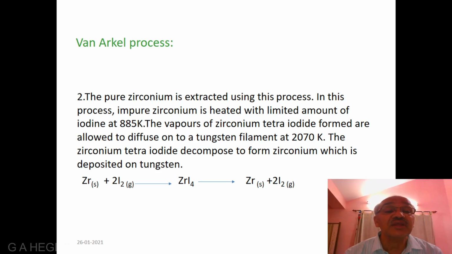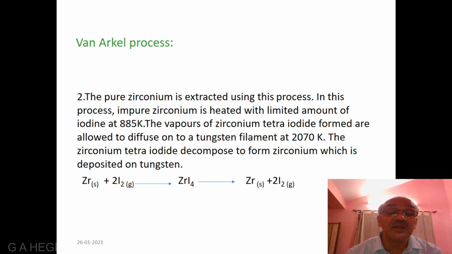The second method is Van Arkel process. The pure zirconium is extracted using this process. In this process, impure zirconium is heated with limited amount of iodine at 885 Kelvin. The vapors of zirconium tetraiodide formed are allowed to diffuse on tungsten filament at 2070 Kelvin temperature.